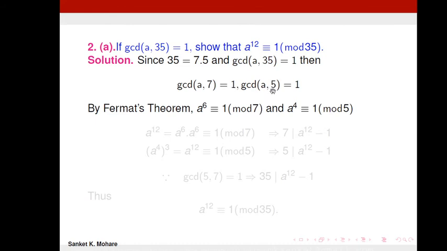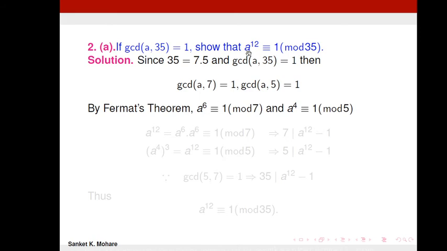Similarly, if 5 divides a, then GCD of a comma 5 can never be 1. So whenever GCD of a comma b is equal to 1, neither a divides b nor b divides a. That's why we apply Fermat's theorem.